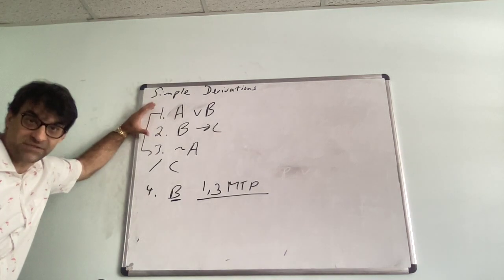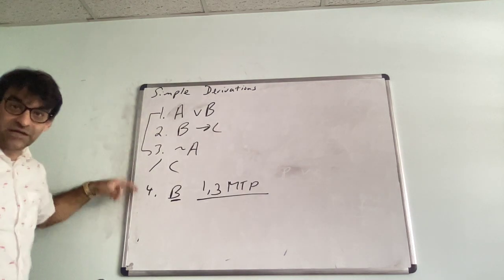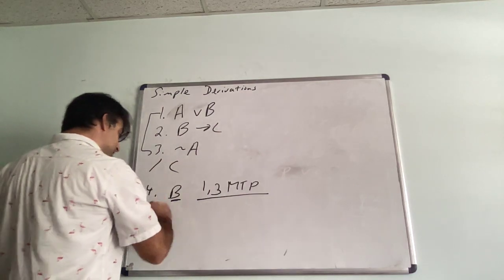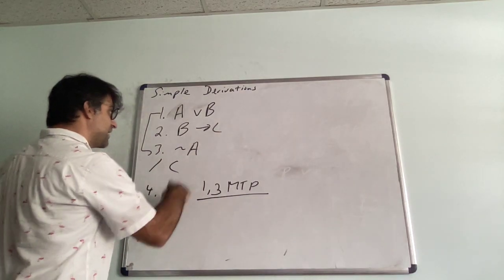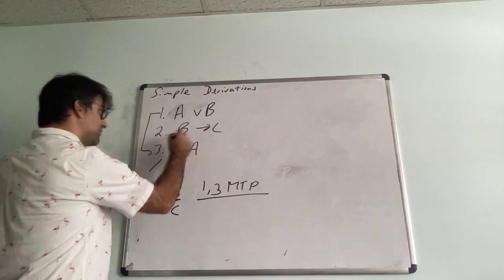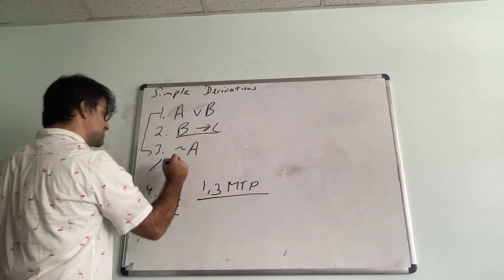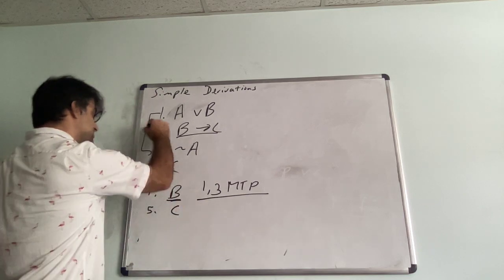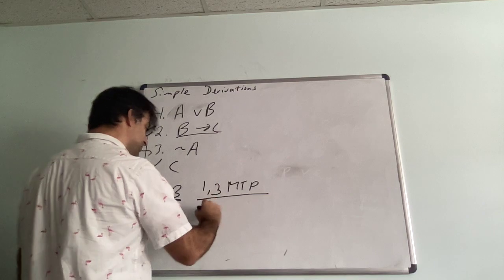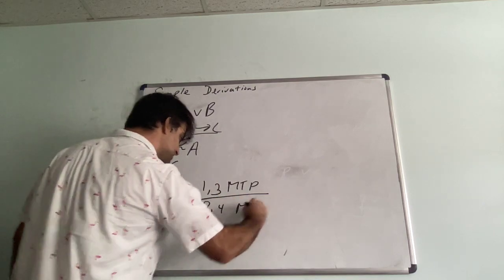inference from these premises. So now we can reason further using B and these other premises. And since Bob is here, and if Bob is here, then Carl is here, it follows that Carl is here, right? By B arrow C and B. Since B arrow C is true and B is also true, it follows that C is true by 2 and 4, and that's our modus ponens pattern.